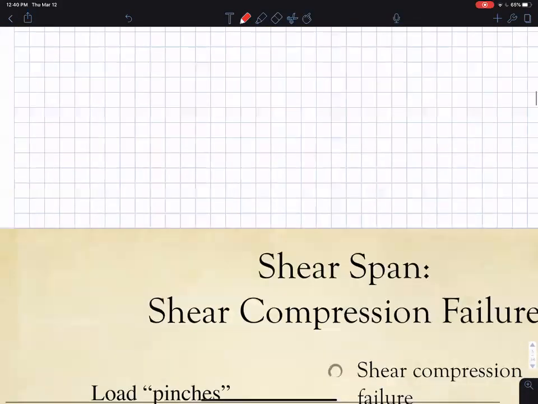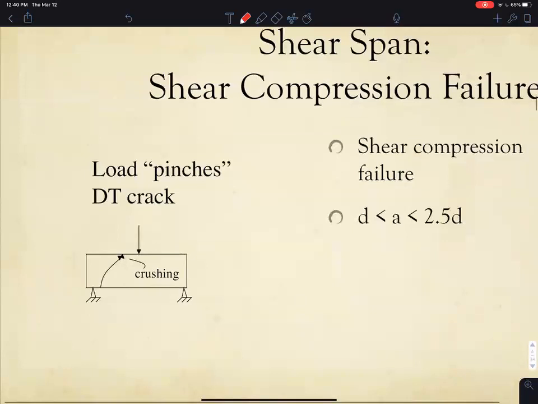As you bring the load closer, you move it closer to the support, and you're now somewhere between 1 depth to 2.5 depths away from the support.